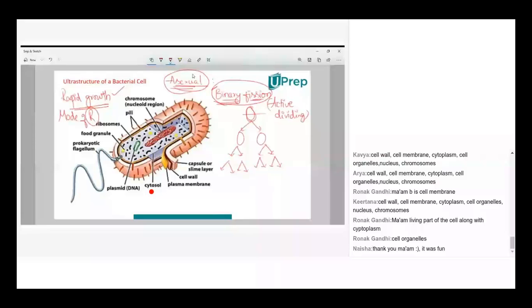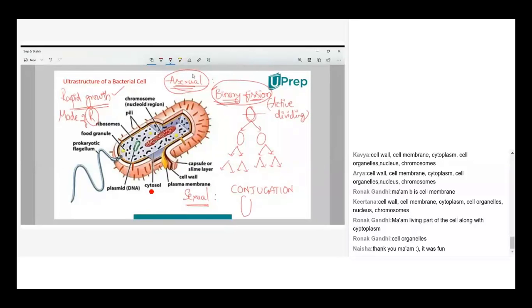Then there is sexual reproduction also in bacteria. In the sexual reproduction method, there is a method called conjugation. This is the reproduction method under sexual conditions. Here you need 2 bacteria.